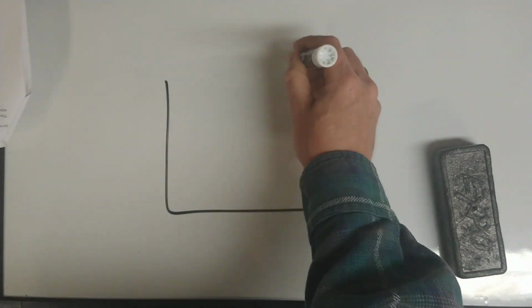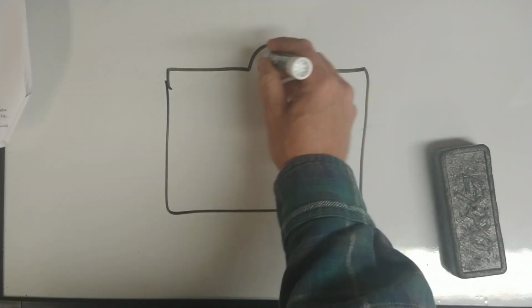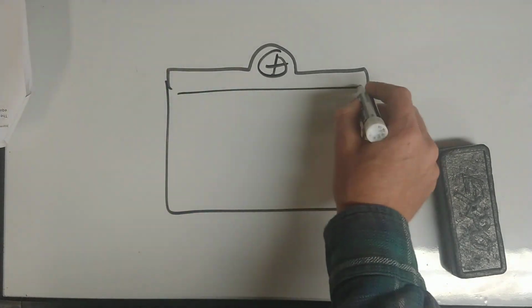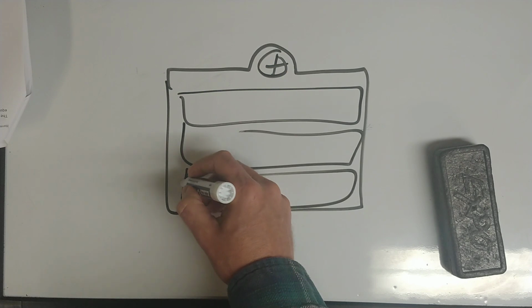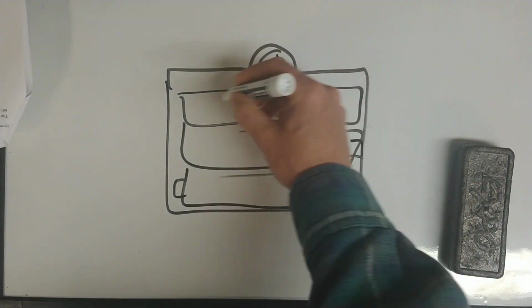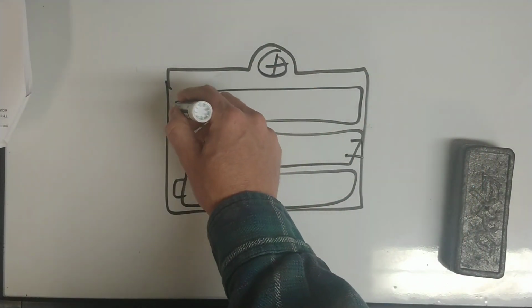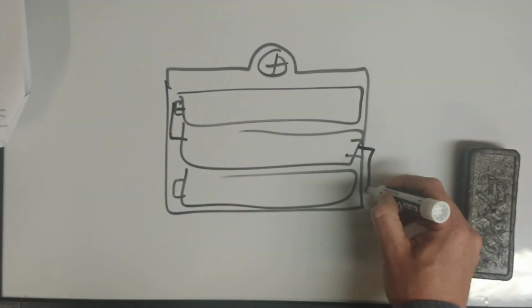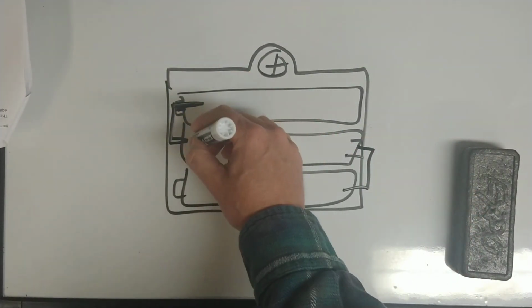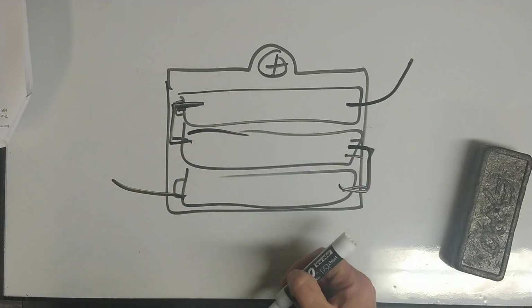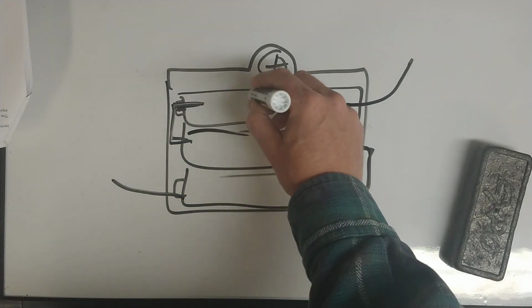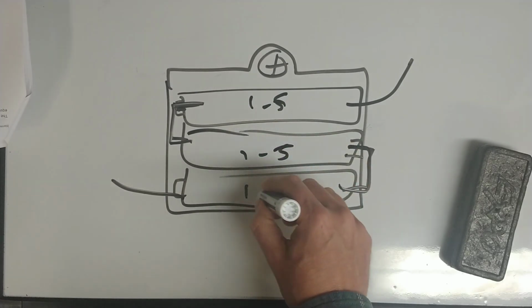When you put batteries in a device, like something that you unscrew, and you go inside and it takes 3 AA batteries. The one goes this way, this one goes this way, and then this one goes this way. Well, they're connected up like this. They're connected here, here, here, here, and then these are the ends that go into the device. 1.5, 1.5, and 1.5.